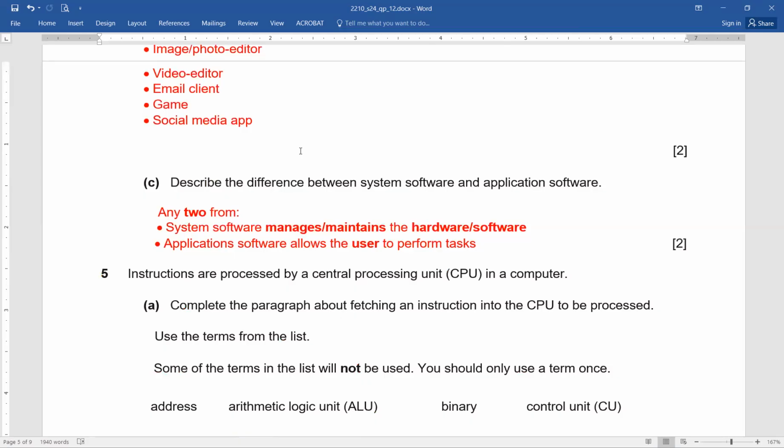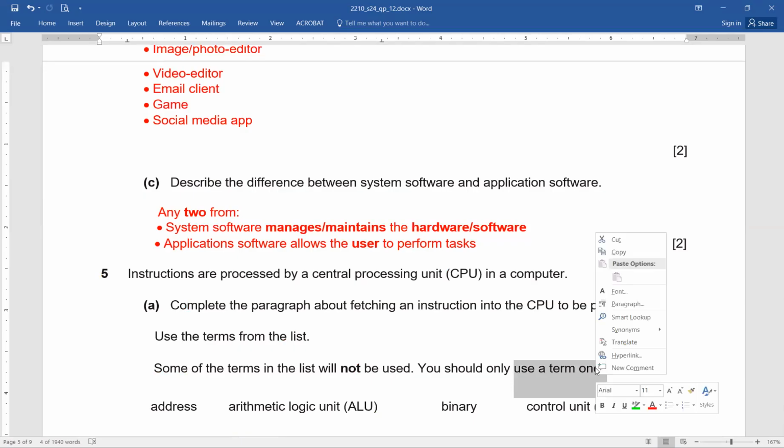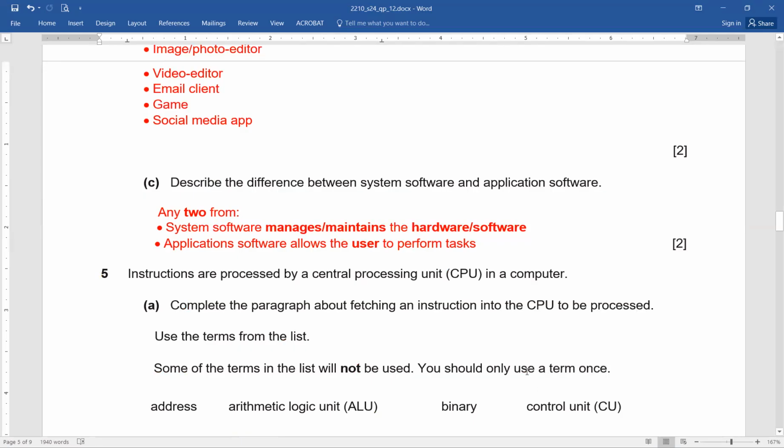You should only use a term once. Now be very cautious. This is very, very important, you could highlight this, and in this manner you will be able to remember that you are going to use this term once only, not many times.